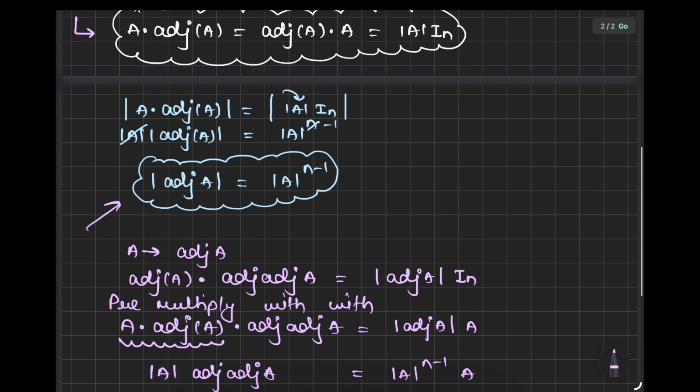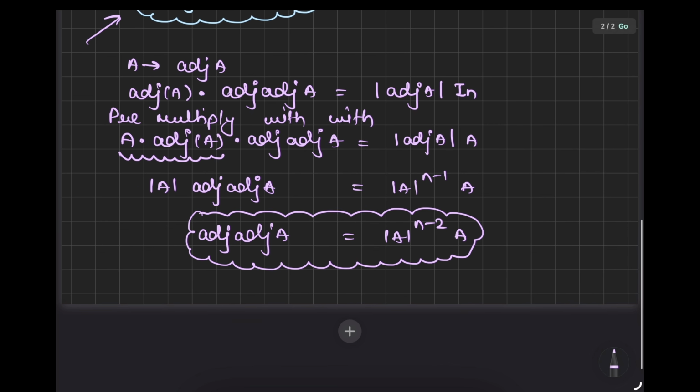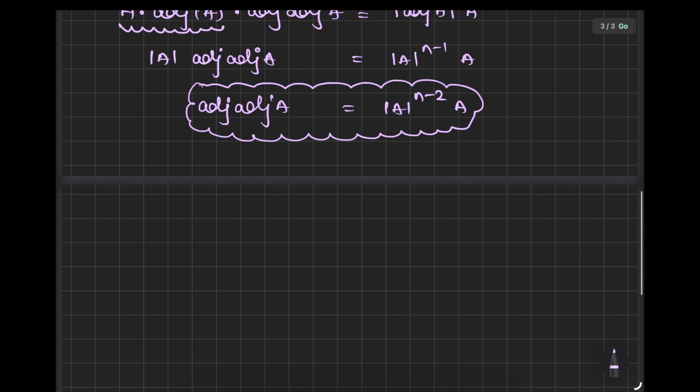I will connect all the dots, but for the time being, suppose that we have to take determinant on both sides. So it will look like what? Determinant of adjoint adjoint A is equal to determinant of determinant of A power n minus 2 times A. You know that this is a number.